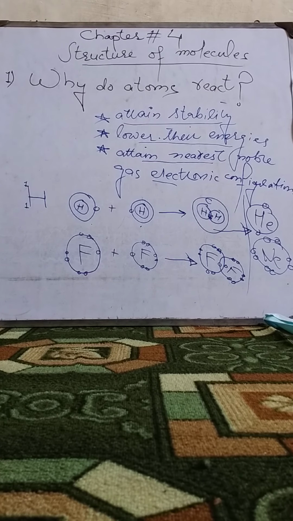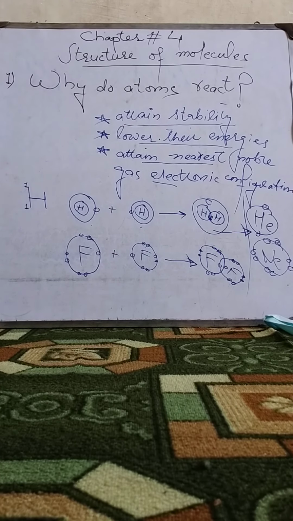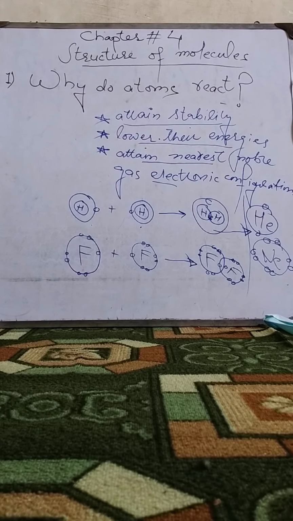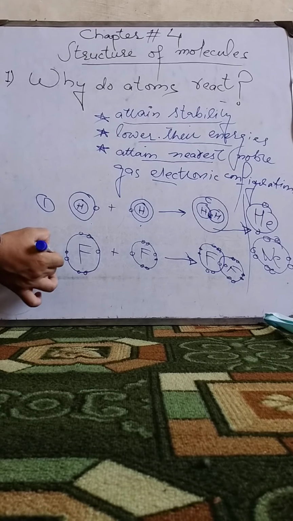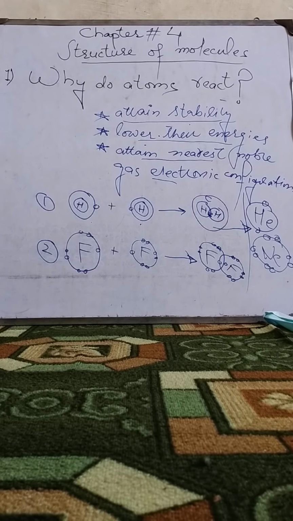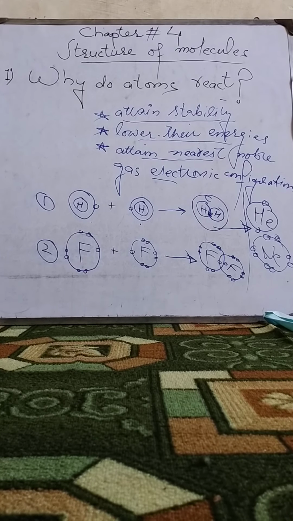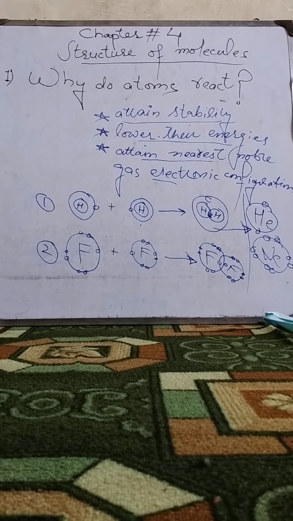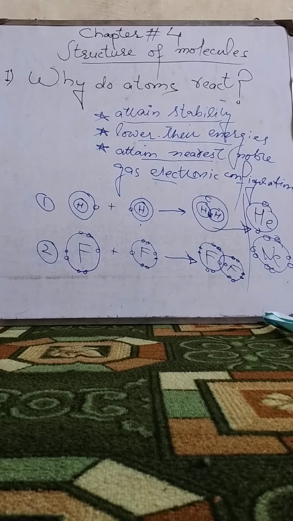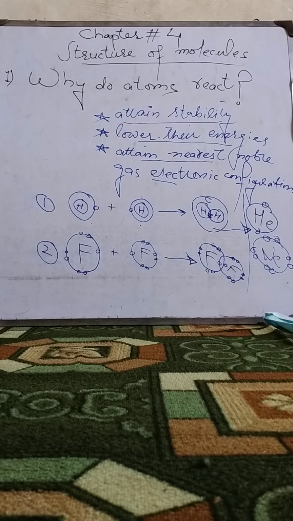So basically, if we discuss these two examples in detail, we reach two basic topics. One is the octet rule and the second one is the duplet rule.